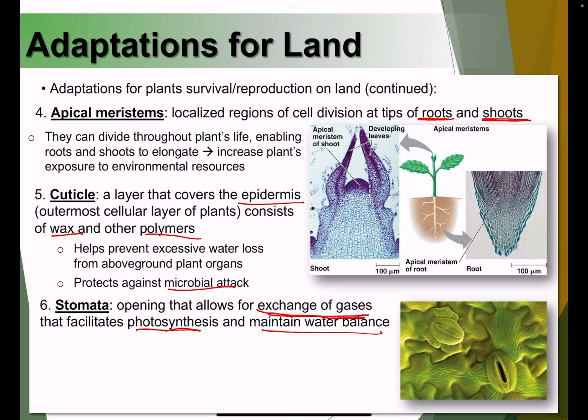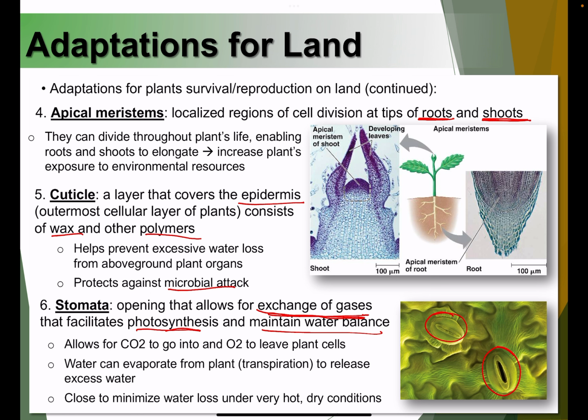You may remember the stomata from Bio 1406 when we talked about photosynthesis, and they kind of look like this little mouth at the bottom. Some are on the surface of leaves, but most of them are on the bottom. They allow for CO2, carbon dioxide, to go into the leaves for photosynthesis to occur, and the carbon cycle and everything. And then oxygen can leave plant cells to give us humans oxygen to breathe in.